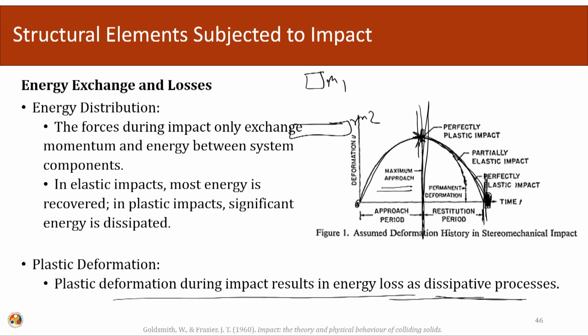If we started from here, then it will go maximum, and then there will be a restitution period and everything will be recovered. For a case of perfectly elastoplastic analysis, there will be some permanent deformation and some recovery will be there. So, this is the deformation history, deformation over time. So, this is the approach period, this is the restitution period.